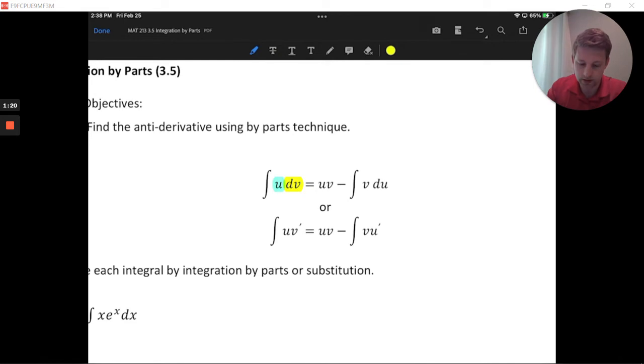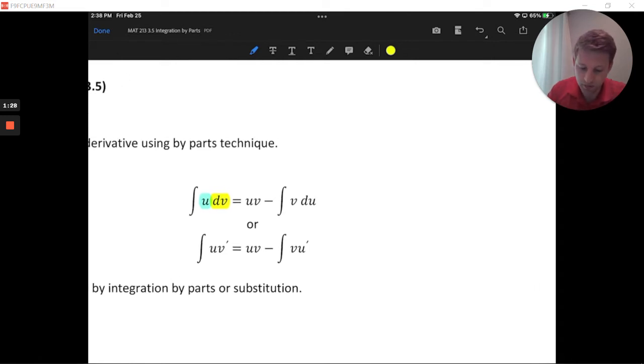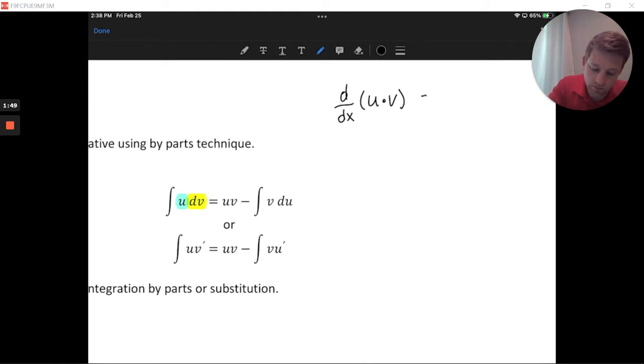So just to give some background on why this all works out, just consider the idea of the product rule. So we know that if we take a derivative d/dx of some function u times some other function v, that is equal to the following.